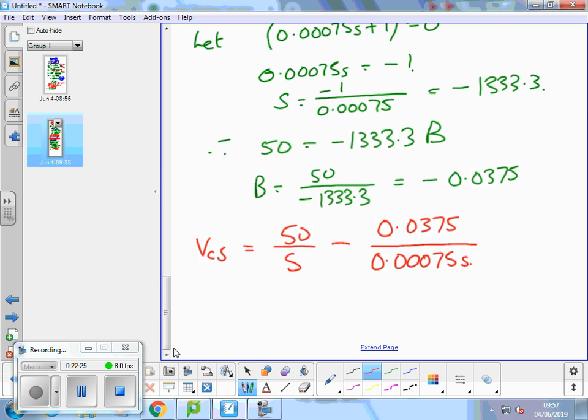Now, this one looks like something in the table. We can deal with that.